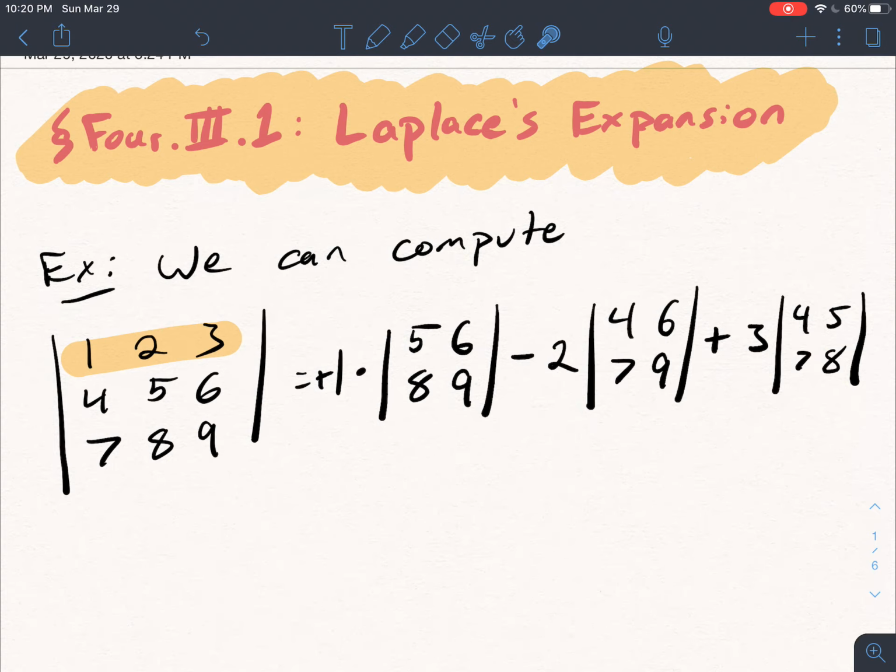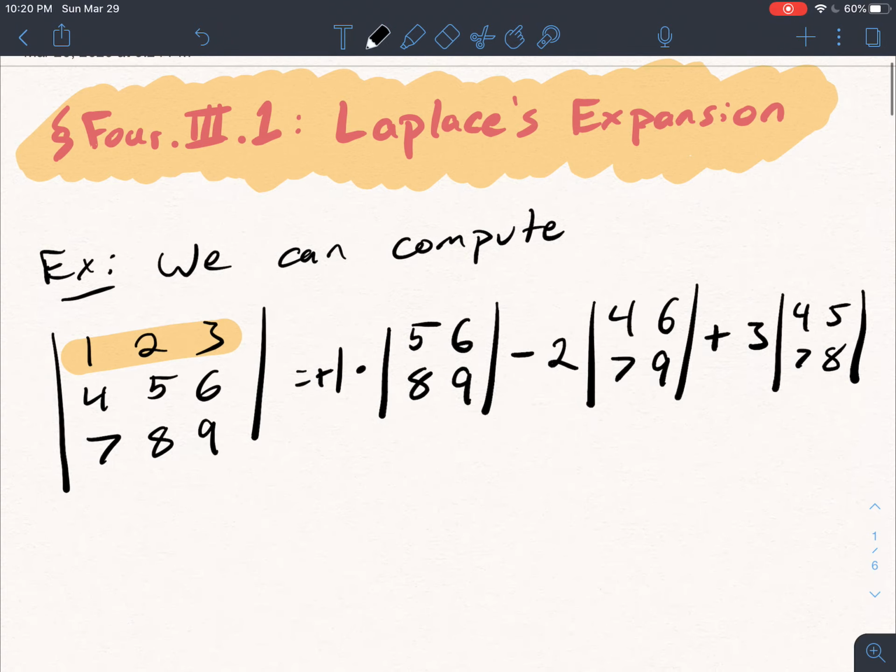So you have a bigger matrix, and then you write it in terms of determinants of the smaller ones. And since these are all 2 by 2 matrices, then we have a nice formula for what the determinant of all of these should be. And so we can finish this example out.